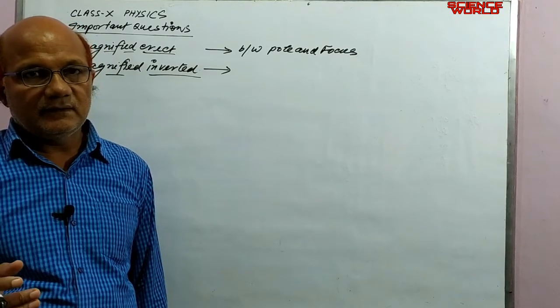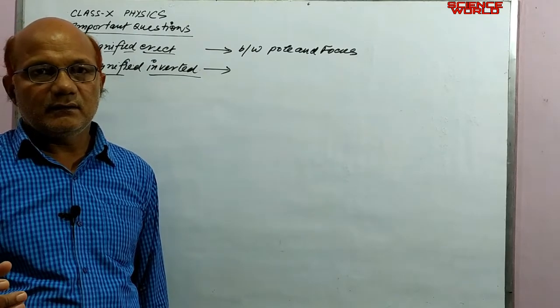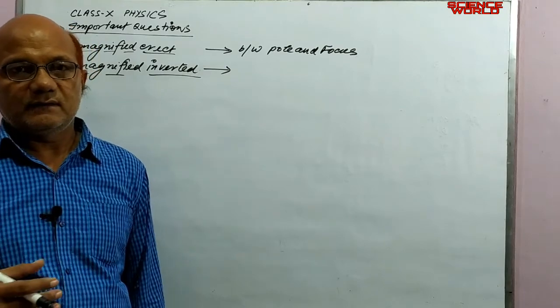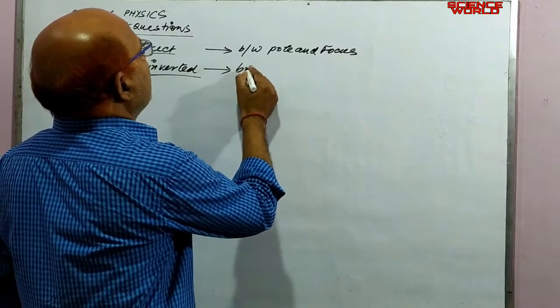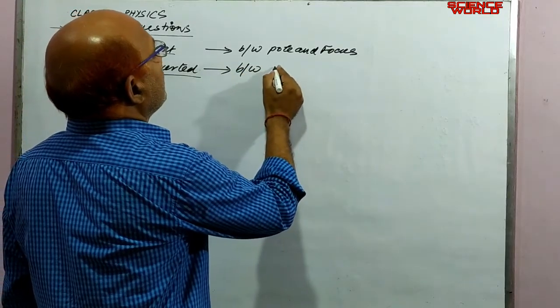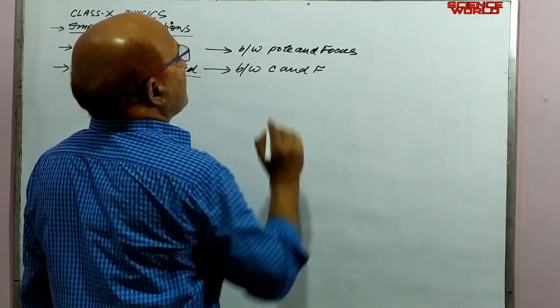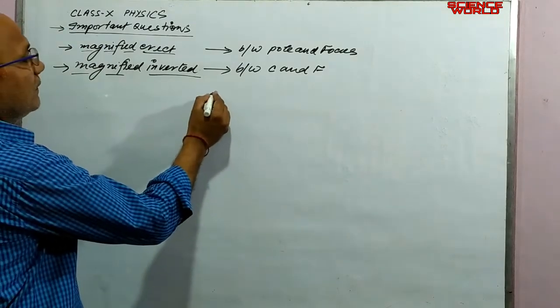It means the object should be between infinity and focus, okay, anywhere. It means the object should be placed between center of curvature and focus. Now you can see ray diagram.